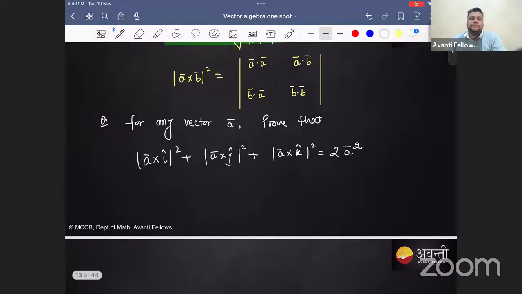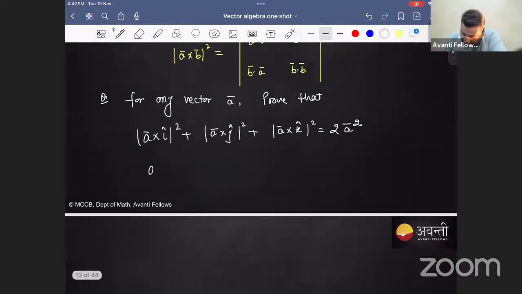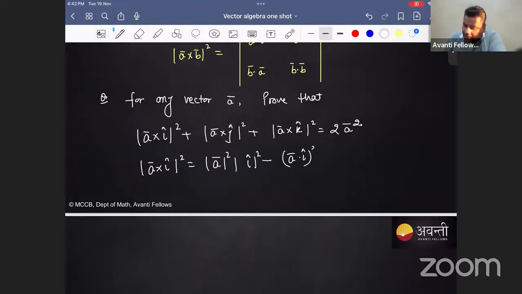Got it? Now see, can I say mod of A cross I cap square is A square I cap square minus A dot I cap whole square? Yes or no?